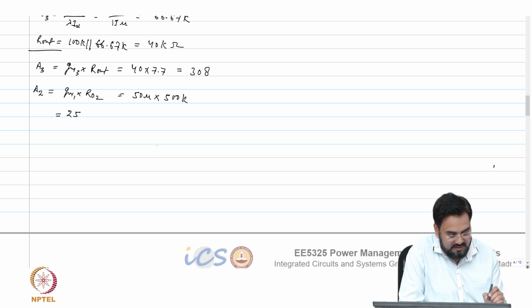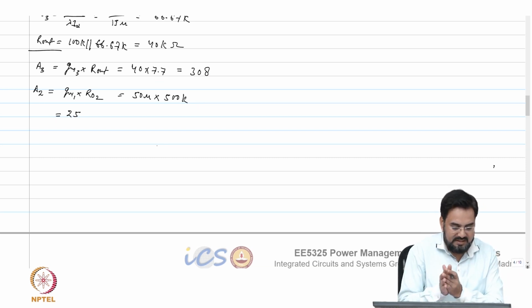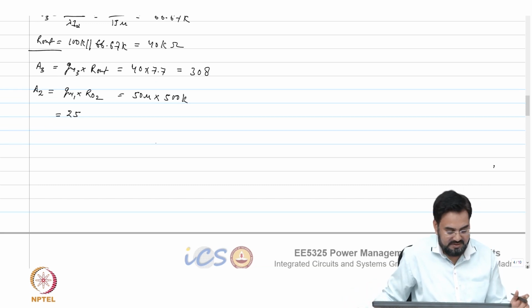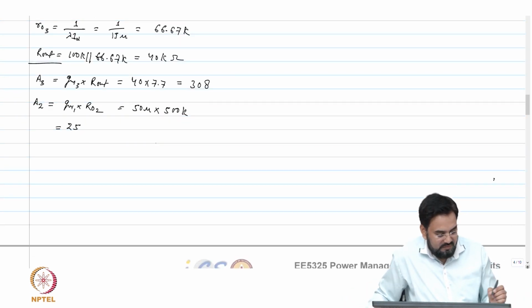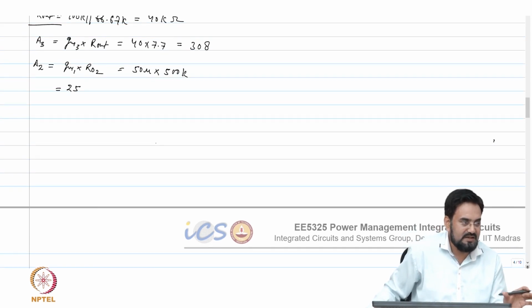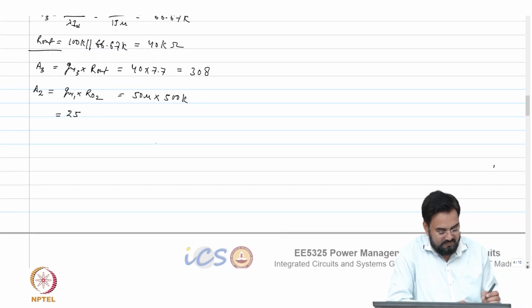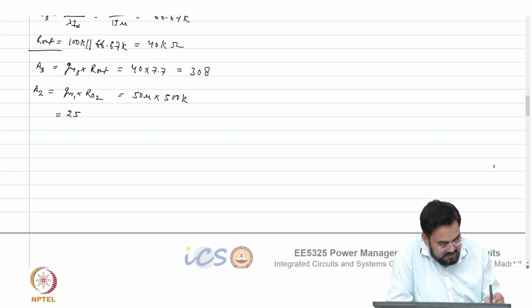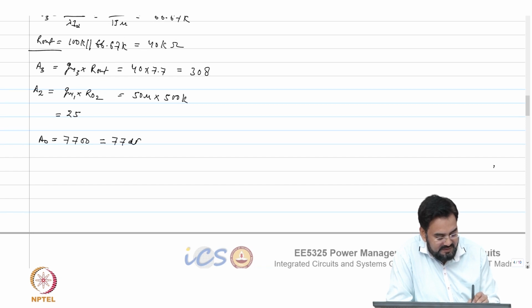You should know, whatever the gain, you have to start from there, and based on where the pole is occurring, you calculate the UGB. So now I'll roughly assume 80 dB gain, so that it will simplify the calculation. So your A naught is 7700, which is 77 dB.